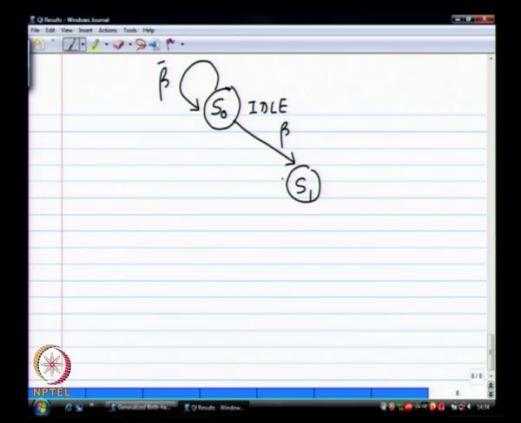I could have made no packet e power minus lambda, one packet lambda e power minus lambda, more than one packet is 1 minus these two things, and then sent this to S2 also. I could have gone from S0 to S2 to give a little more accuracy, but I am just making that simplification. So either only one packet will get generated and simply get sent to the queue. Now let us draw these other pictures also. I will draw S2 here.